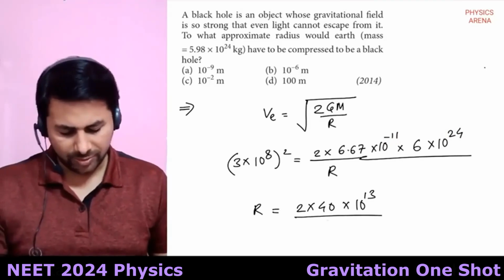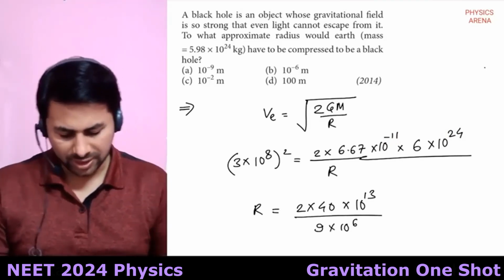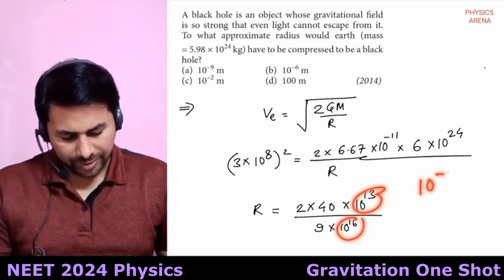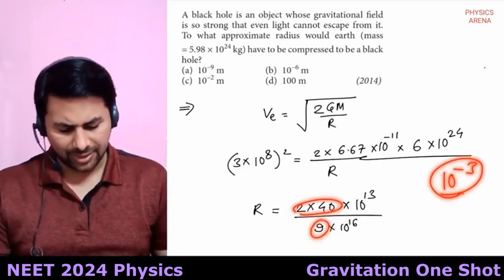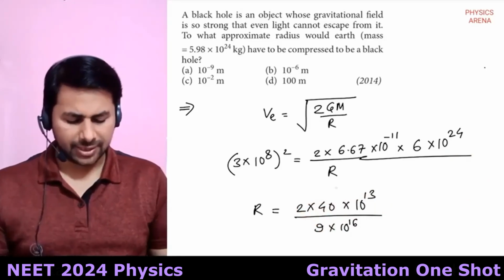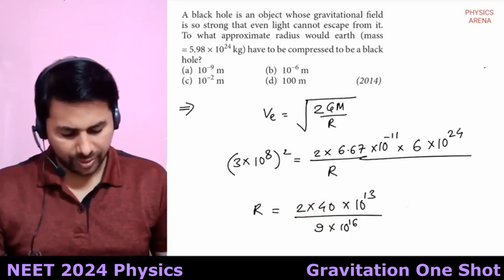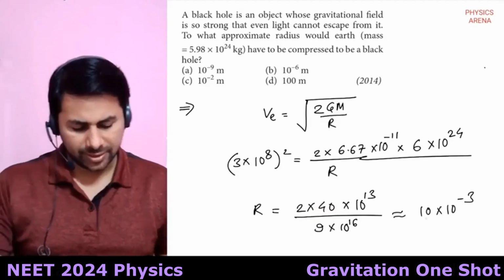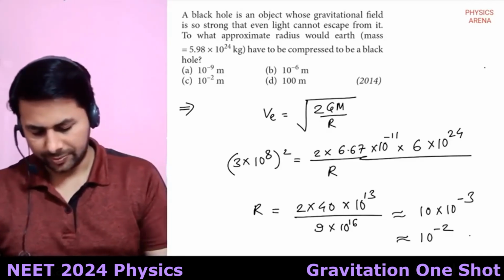And in the denominator, you have 9 multiplied by 10 raised to 16. So this will become 10 raised to minus 3. And this is 80 by 9 or 90 by 9, I can say this is almost 10. So 10 multiplied by 10 raised to minus 3 is of the order of 10 raised to minus 2. That is the answer.